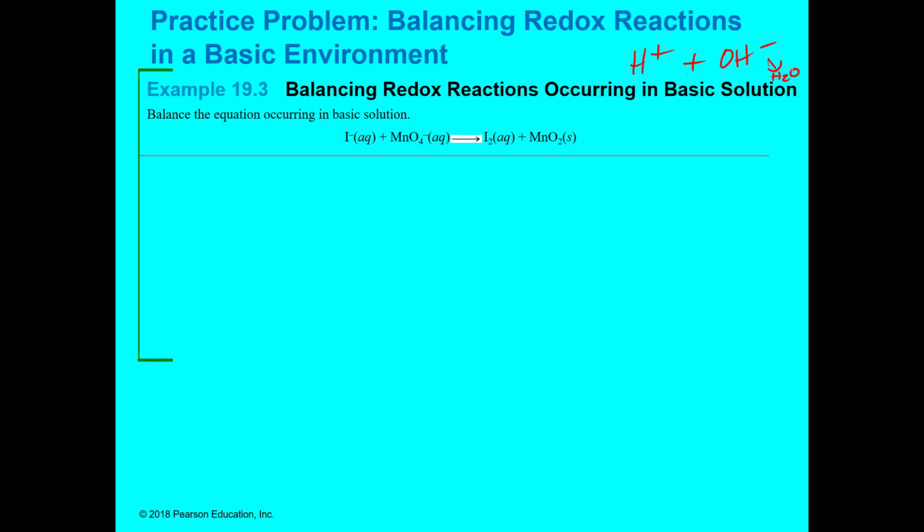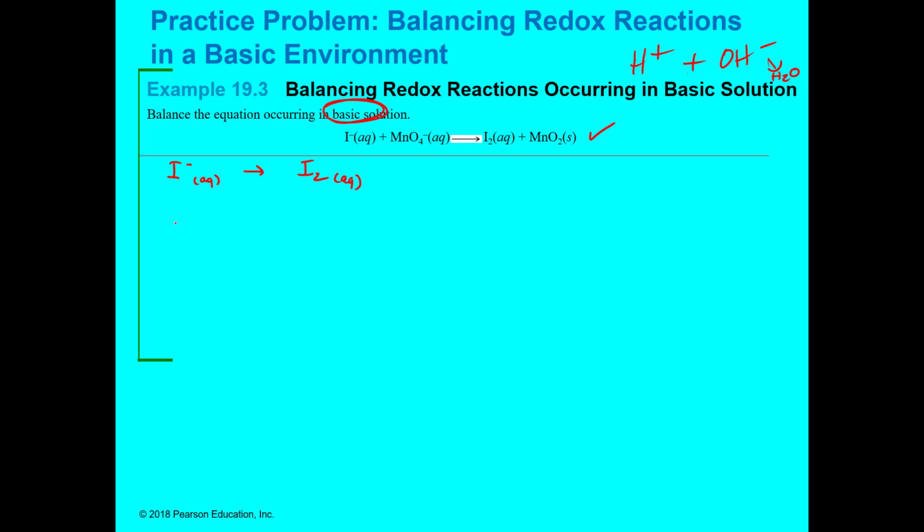Okay? All right. So here is my equation. I'm balancing it just like I always do, except I'm going to look at this because I know that whether it's acid or base is going to impact my final equation. So I'm going to have two half reactions. I've got I minus going to I2, and both of those are aqueous.